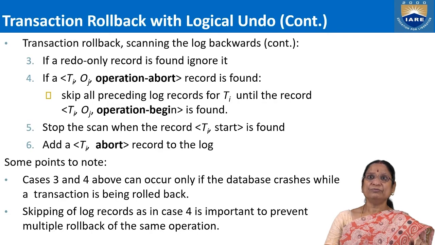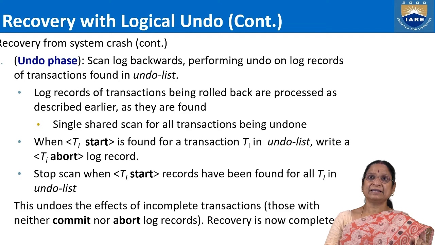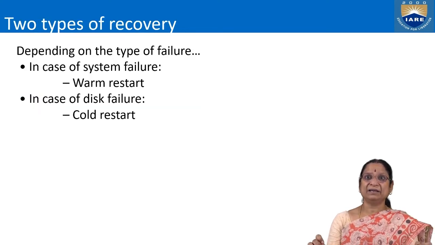When we are considering this process, the entire recovery process depends upon the type of failure. Recovery may be from system failure or from disk failure. We addressed these two cases.